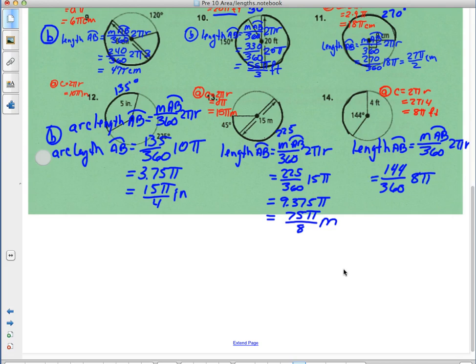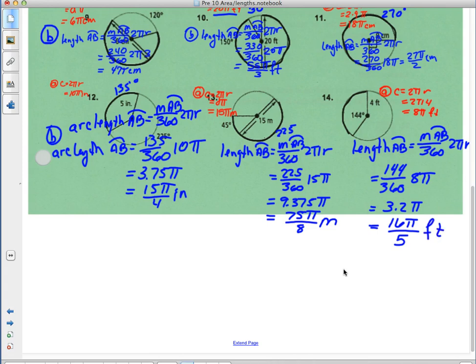So I got 144 divided by 360 times 8. And that's 3.2 pi, but as a fraction, I've got 16 pi over 5. Okay, and that is in feet.